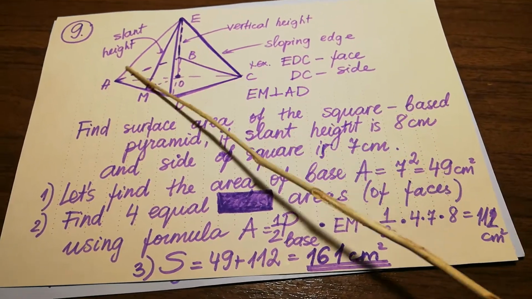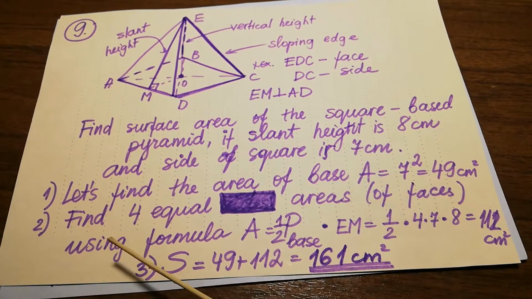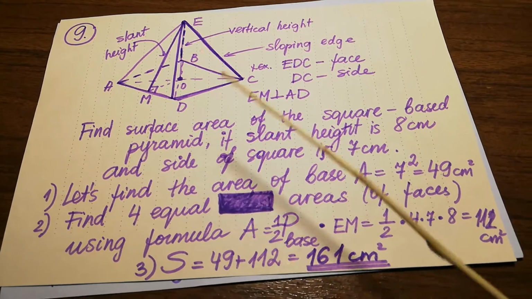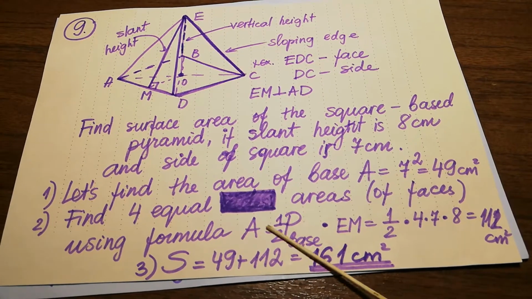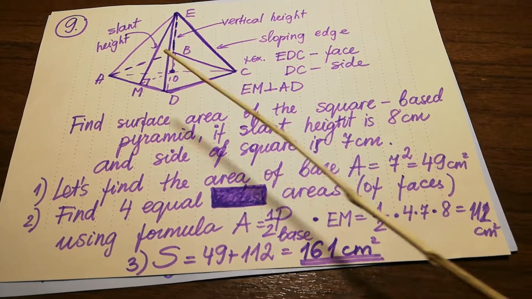These faces are equal, so we can find the area using the formula 1/2 of the perimeter of the base times the slant height.